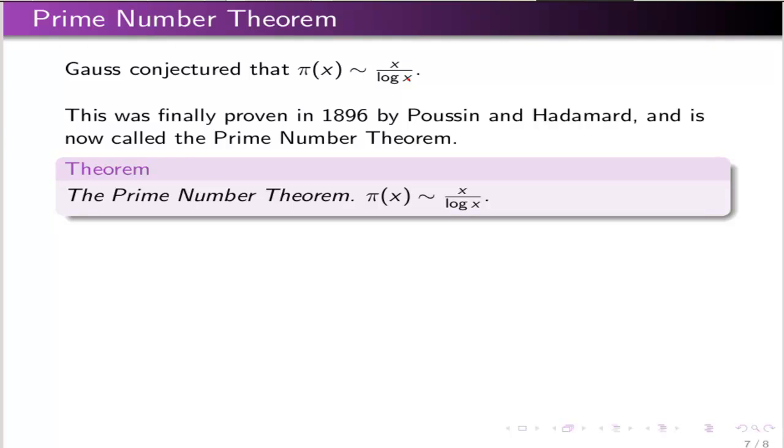And so finally, Poussin and Hadamard in 1896 were able to push through the results and actually establish Gauss's conjecture as a theorem. So it's known now as the prime number theorem, one of the most celebrated results in all of mathematics, that the number of primes up to x is asymptotic to x over log of x.